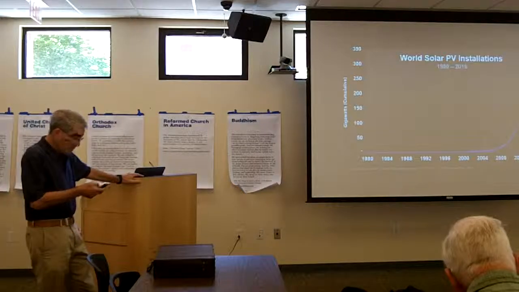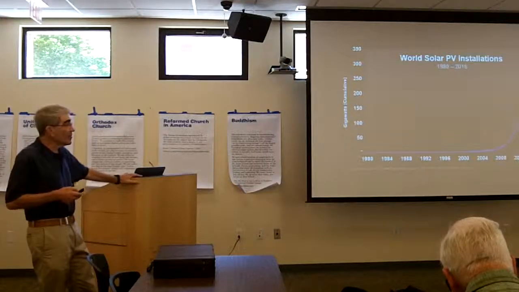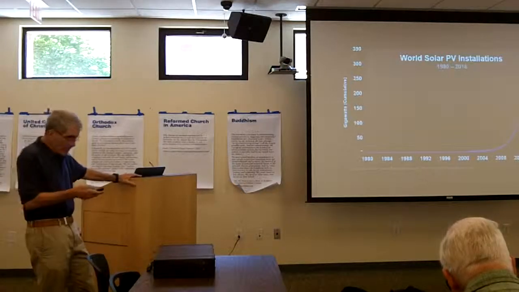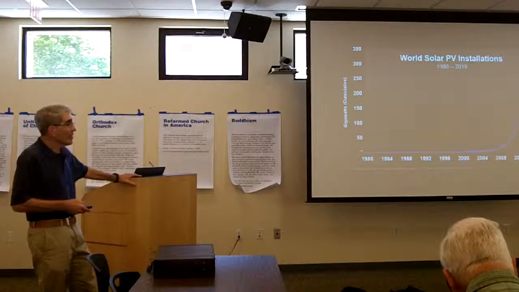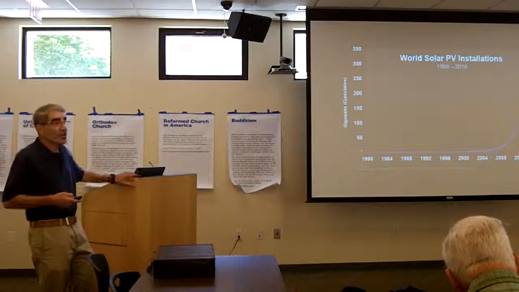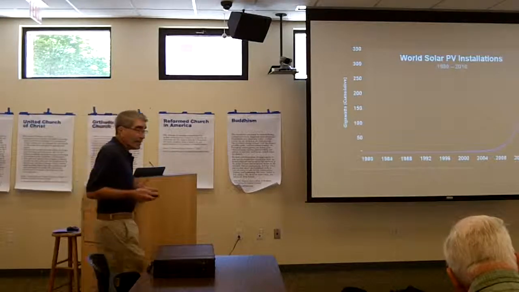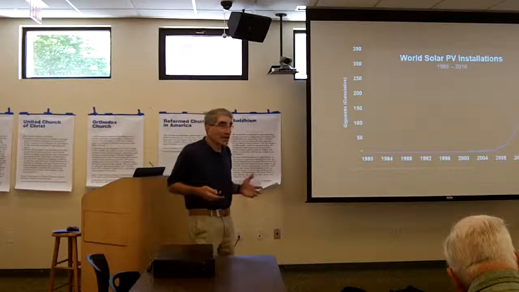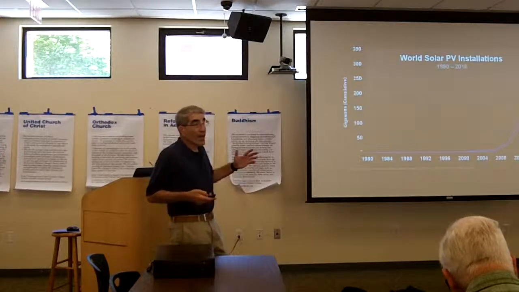And so we have the means, we have the technology. If you look at what the predictions were for solar energy, most of the experts 10 years ago, when you asked how much solar energy we would have in the world as of 2019, were off by 100 times.